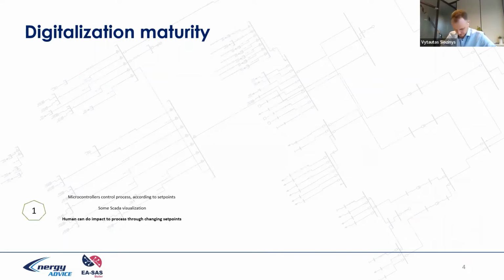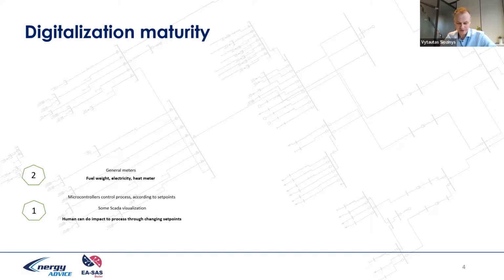About digitalization maturity: basically the first step, of course, is microcontrollers, which control the process according to set points, and some SCADA visualization probably exists, as you know, and a human can impact the process by changing set points.